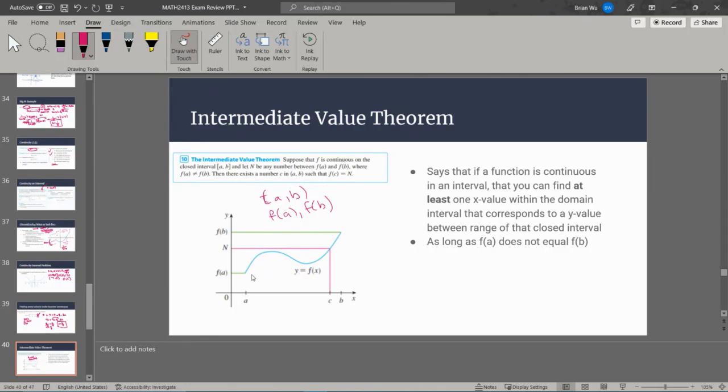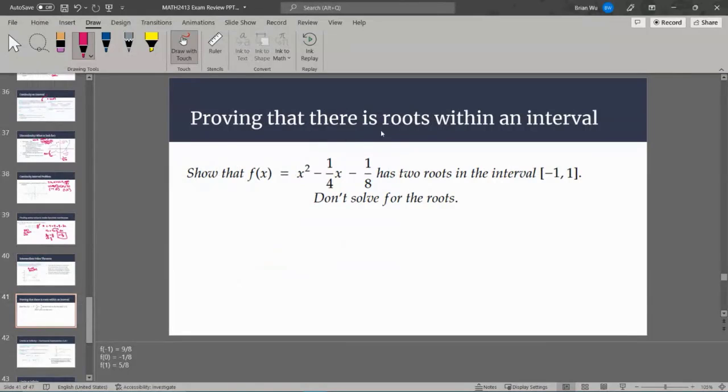So you can find at least one value c in the function, and there can be multiple. Most commonly, this is used to find roots within an interval.